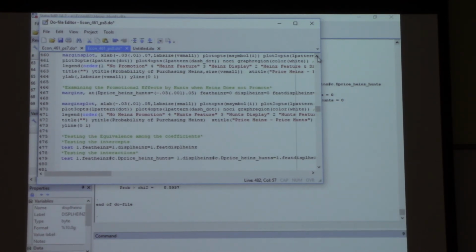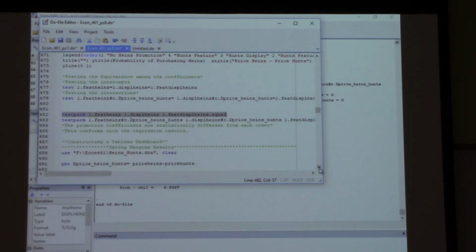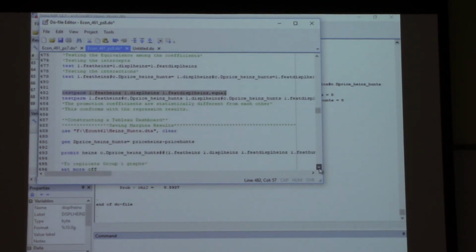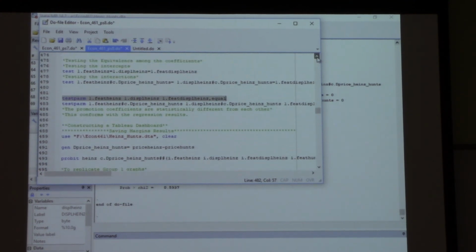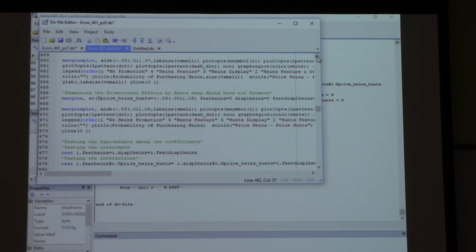So the competitive promotional aspects. And a lot of this just has to do with changing your margins. So in this one, well, let's do a couple first. But what we're going to want to do then is we're going to have these groups of graphs.